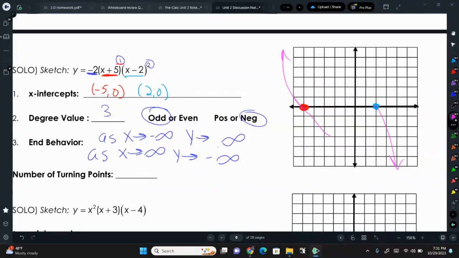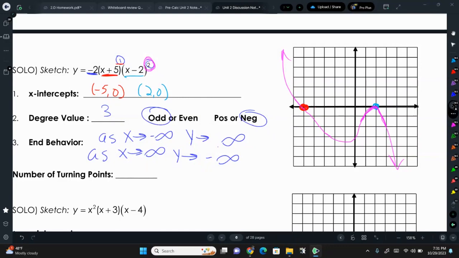Now we have to come up and touch that light blue 0. So at some point we have to turn, come up, and we touch that x-intercept at 2, 0. And because this has a multiplicity of 2, we need to bounce and come back down. But since we drew our end behavior correctly, it automatically does that.